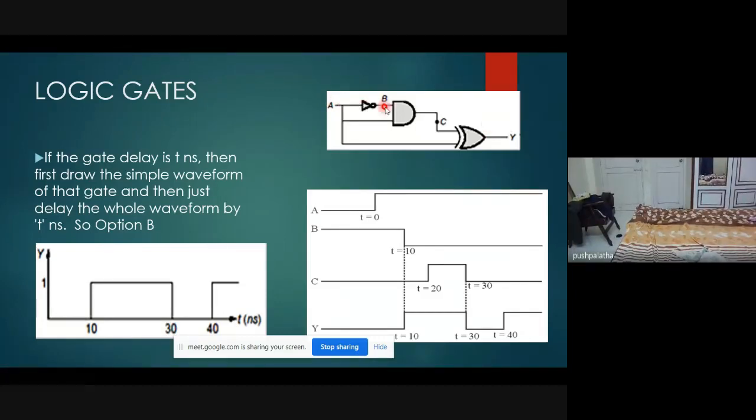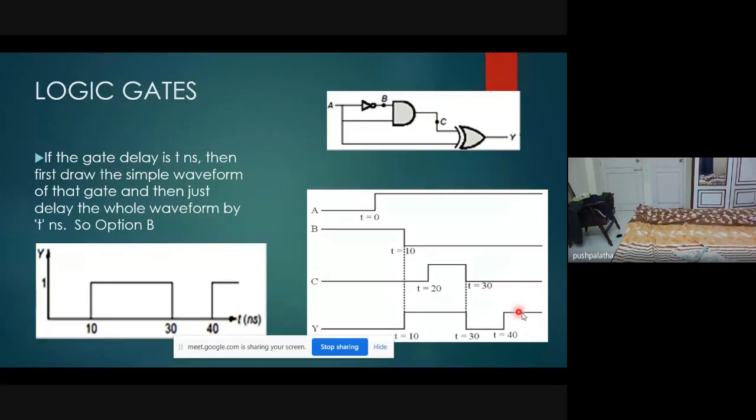The AND gate output is 0, and the other input of the XOR is 1, so the output is 1 only, but all with the delay. So at t equal to 10, t equal to 20 for the AND gate, and I mean 30 for the AND gate and NOT gate, and XOR is 40. You additionally have a 10 for the XOR gate. So at 40 nanosecond only you will get the 1 output.